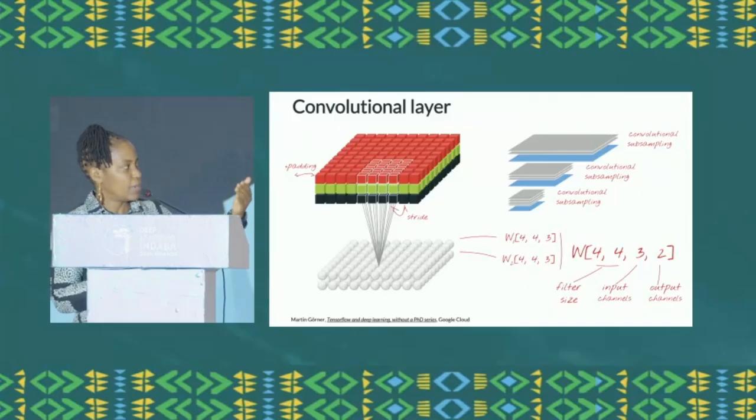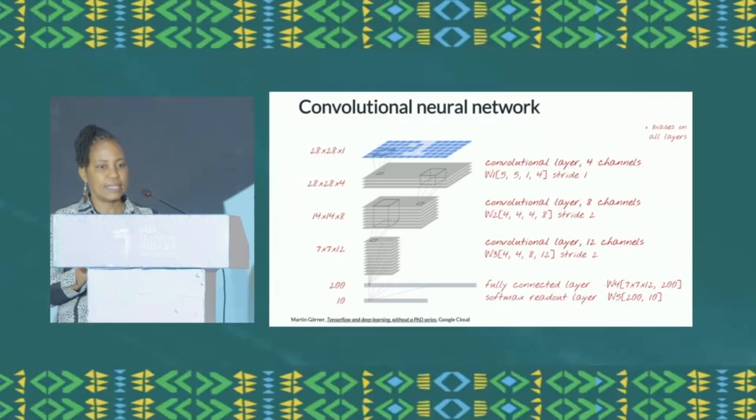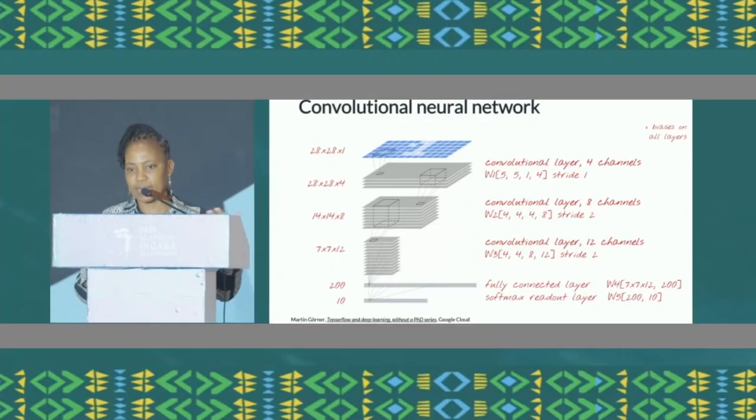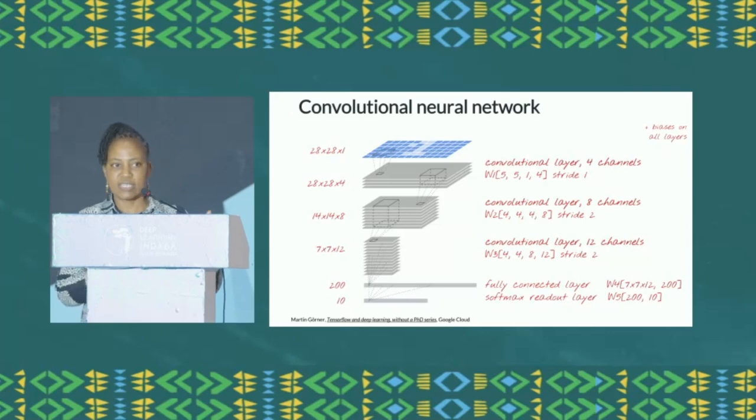Therefore, at every convolutional layer, you have a different size based on the stride and padding after the convolution process.